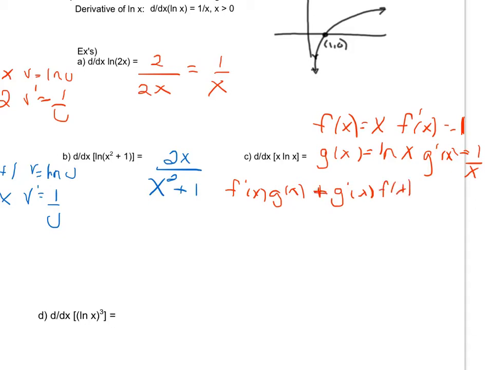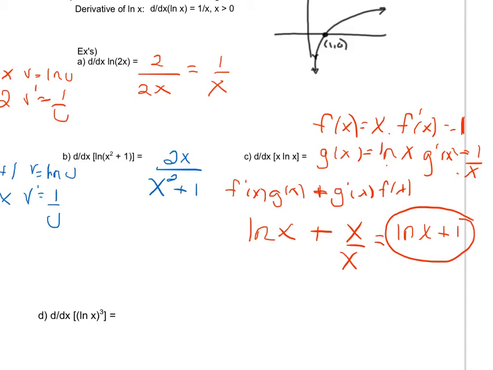So the derivative of the first times the second gives me 1 times ln of x, so that gives me just ln of x, plus the derivative of the second times the first, so 1 over x times x, which is going to be x over x, or just 1. So I get a final answer of ln of x plus 1.